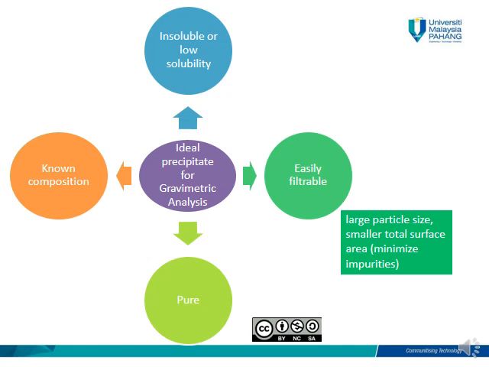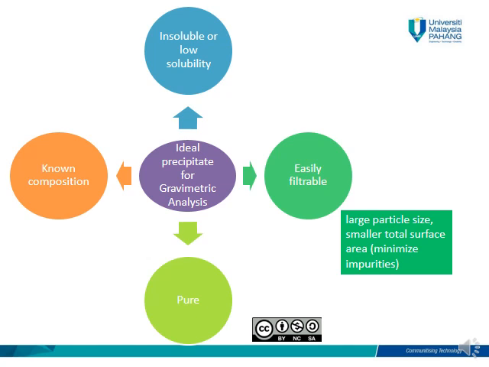Here I want to explain also about the properties. When you have a large particle size, you get a smaller total surface area, so we can have minimized impurities. Next is purity.